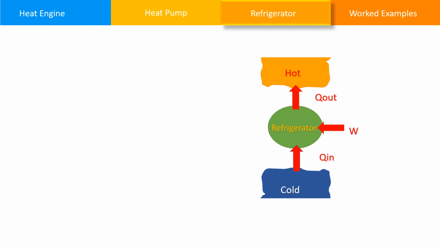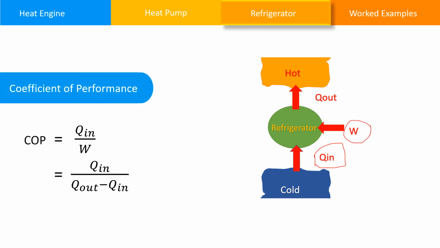So what will be the coefficient of performance? Obviously desired output upon input. So desired output is Q in and input is W, which can be written as Q out minus Q in using energy balance. So there is a relation between the heat pump and the refrigerator. Let's say I am using a device which works between the same hot and cold reservoir, and the Q out, Q in and W values are the same.